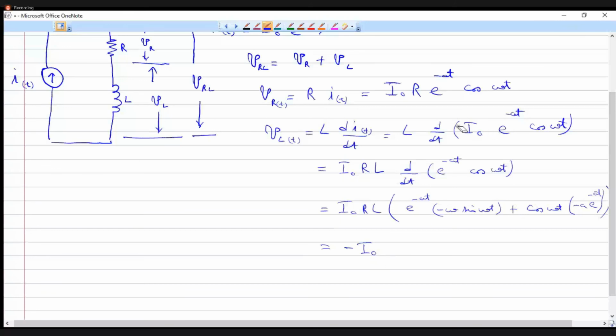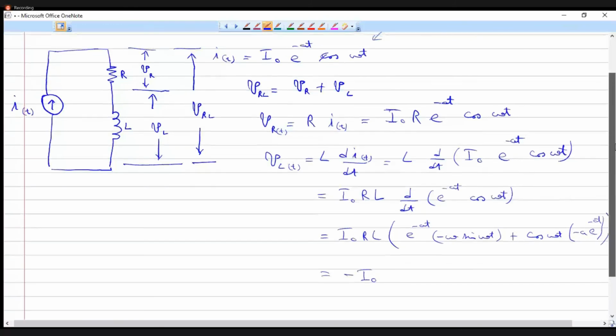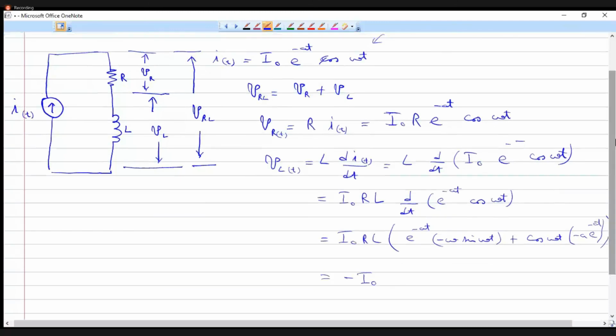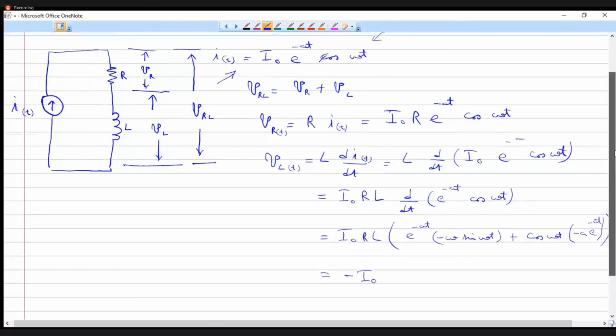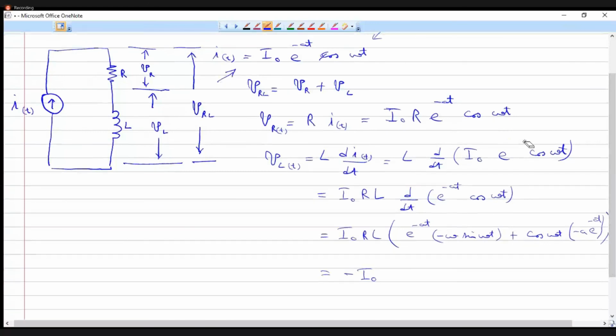Here there is no R, because we are differentiating the current here. I accidentally took the voltage. Don't take that. You have to differentiate the current, so this is d by dt of e power minus at cos omega t. So R won't be here.